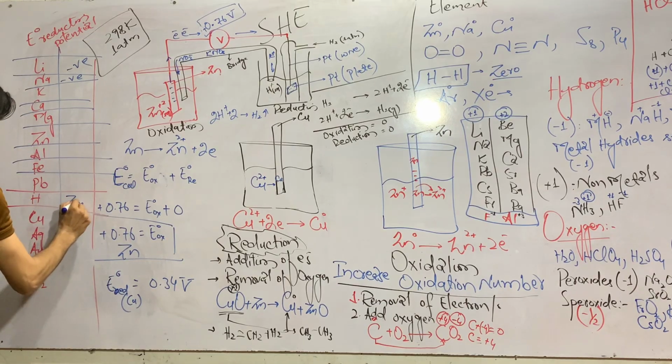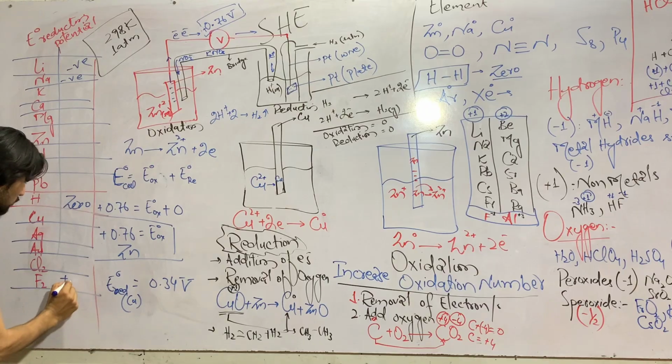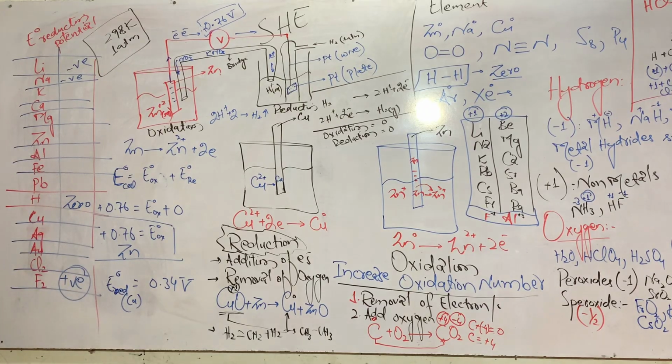And here it is 0. Here again we see positive values. The most positive value was for fluorine, which was easy to be reduced. So I see that these elements at the top of the table are easy to give off electrons, but at the bottom of the table are the elements that are easy to take up electrons.